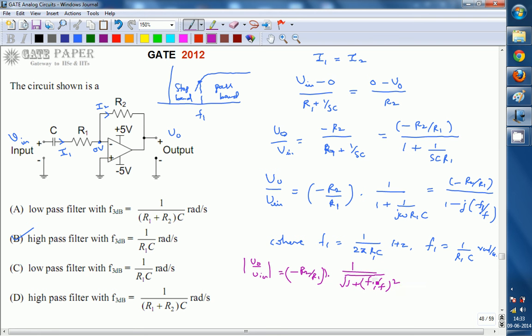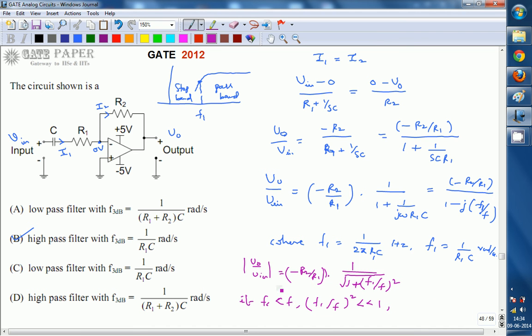For example, if f1 is smaller than f, that is, if the input signal frequency is greater than f1, by that time (f1 by f) whole square is very small compared to 1, so you can neglect it, as f is nothing but the input signal frequency.